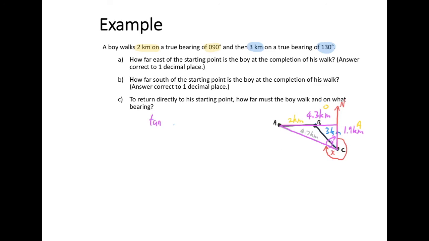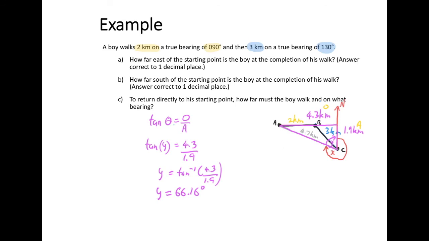Writing the formula, tan of an angle is equal to opposite over adjacent. So tan of angle y is going to equal 4.3 over 1.9. So my y value is going to be the inverse of tan, 4.3 over 1.9. So my y value is going to equal 66.16 degrees.